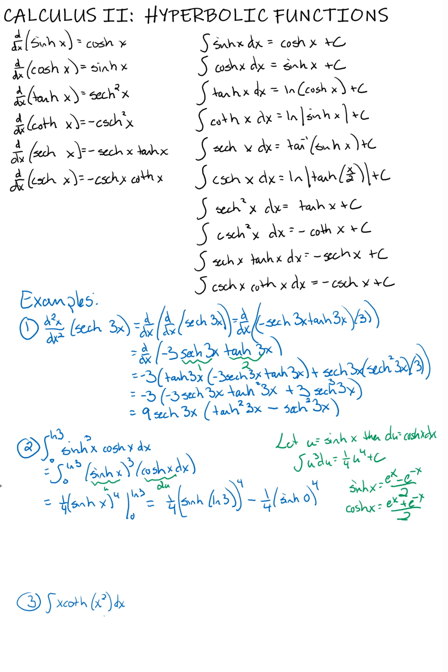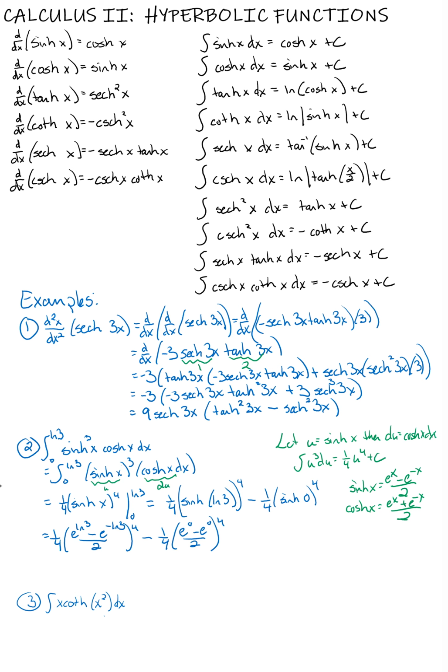So this gives us 1/4 times e to the natural log of 3 minus e to the negative natural log of 3 over 2, all raised to the 4th power, minus 1/4 times e to the 0 minus e to the 0 over 2, and again that bit is raised to the 4th power as well.